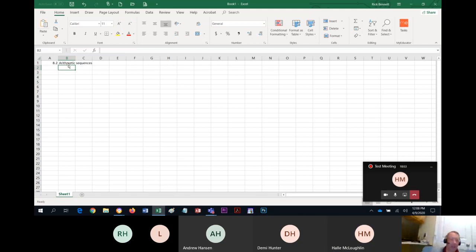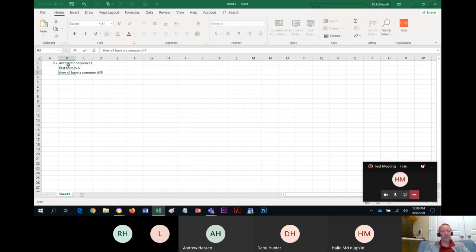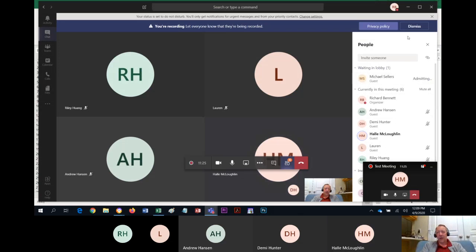Okay, and so the interesting thing about arithmetic sequences is the fact that they have the first term, which is known as A, and they all have a common difference, which we use the letter D for.